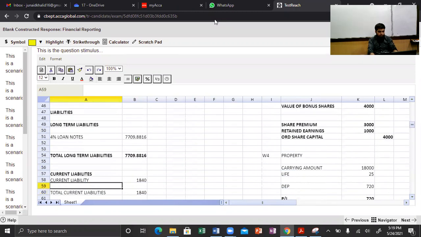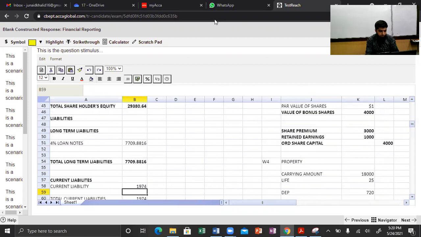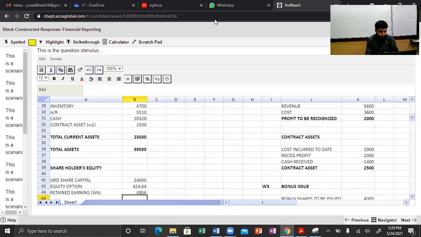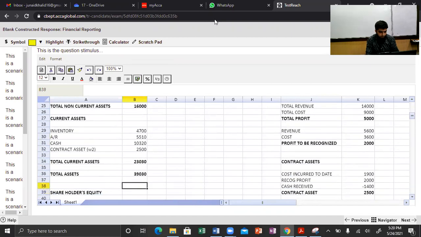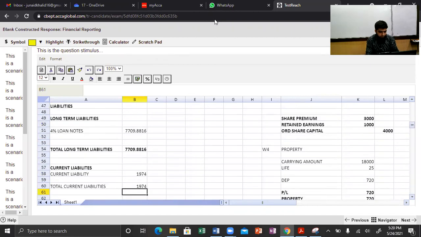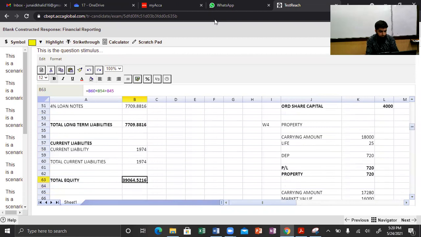So the current liability, that is 1840, plus 134, that is 1974, 39064, and the asset side is 39030. Now that is a little bit different for the rounding of one. So that was the balance sheet.